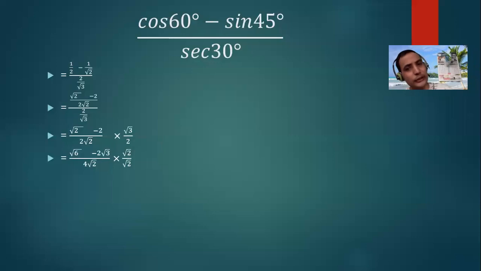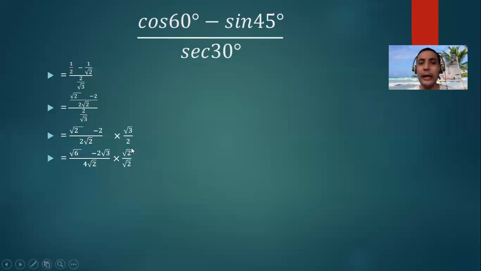In the denominator, if a root sign is there, that means we need to remove the root sign. So to remove the root sign, don't forget that we need to multiply the numerator and denominator by the same number. That means 4 root 2 is there in the denominator, and to remove root 2, we need to multiply by root 2.